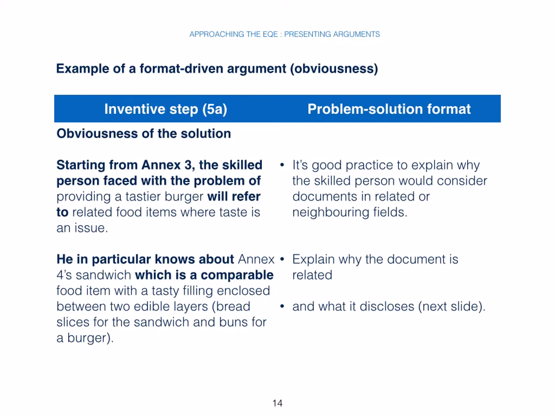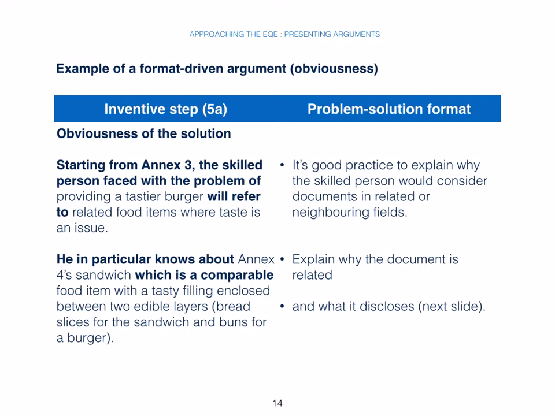Here now we're continuing the problem and solution approach as in paper C, for opposition, arguing for obviousness. So we could put in a header obviousness of the solution, but the header is not essential.